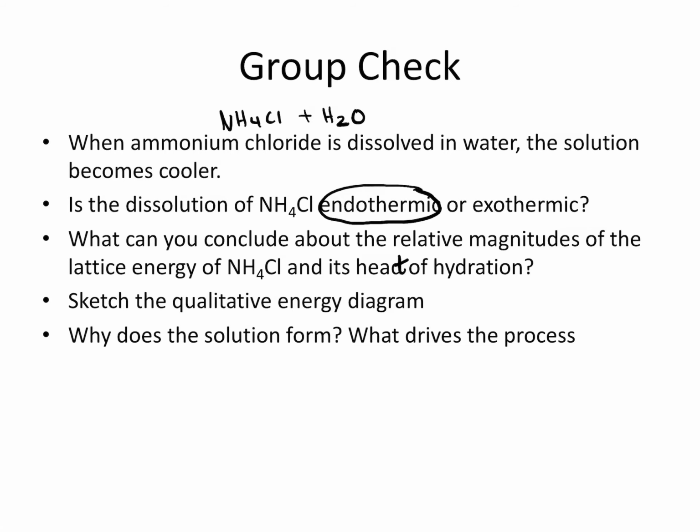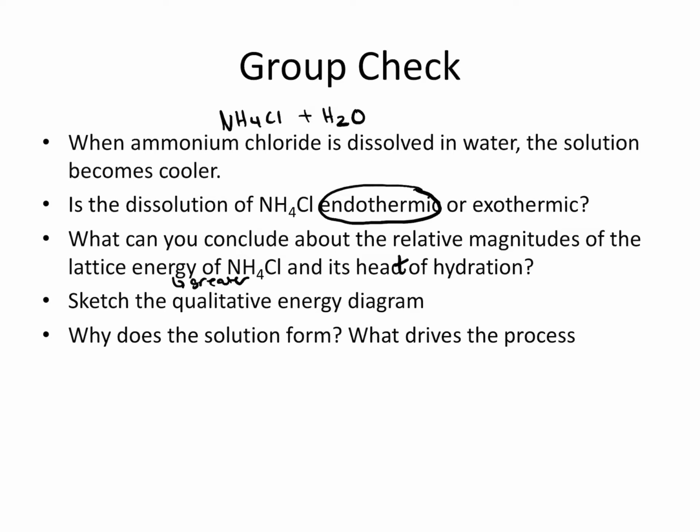So as the dissolution of ammonium chloride is endothermic, that means the relative magnitude of the lattice energy of ammonium chloride is greater than its heat of hydration, because it's endothermic. So we needed a lot of energy. Therefore, it means that the solute was very, very highly endothermic, so the lattice energy is greater than the heat of hydration.